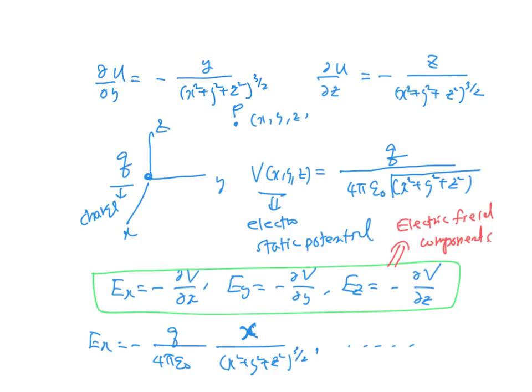So the reason why we are learning differentiation is, so partial derivative, differentiation allows us to define Hofstad's electric field.